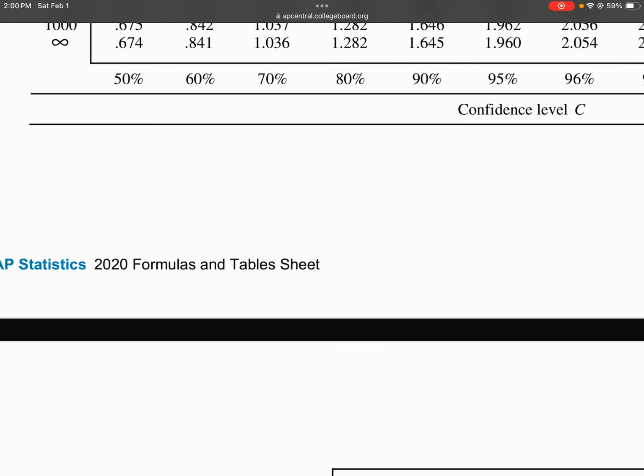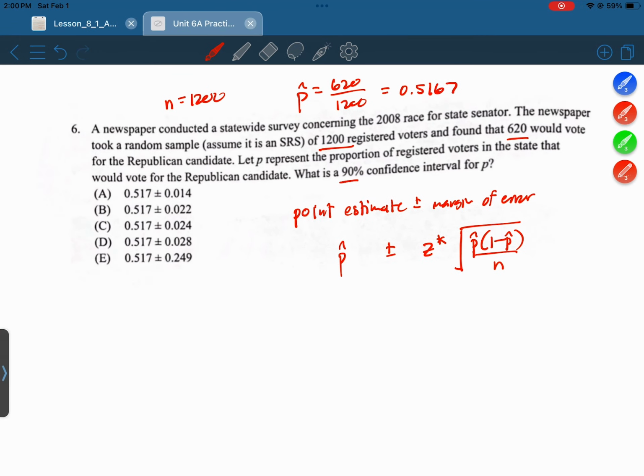For 90%, you can see here that the critical value is 1.645. You're going to get that table on the test. So the critical value is 1.645. I think we have everything we need to just plug it in and compute.